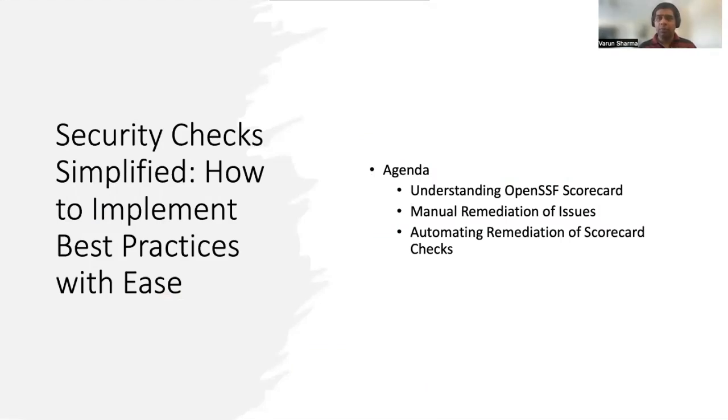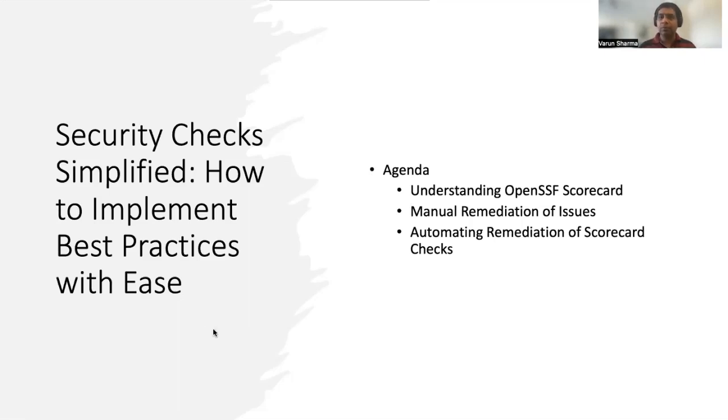So what we'll do today is look at the OpenSSF Scorecard tool, which is a tool that finds issues across the software development lifecycle. We'll then try to fix these issues using manual remediation and look at what are some of the challenges.